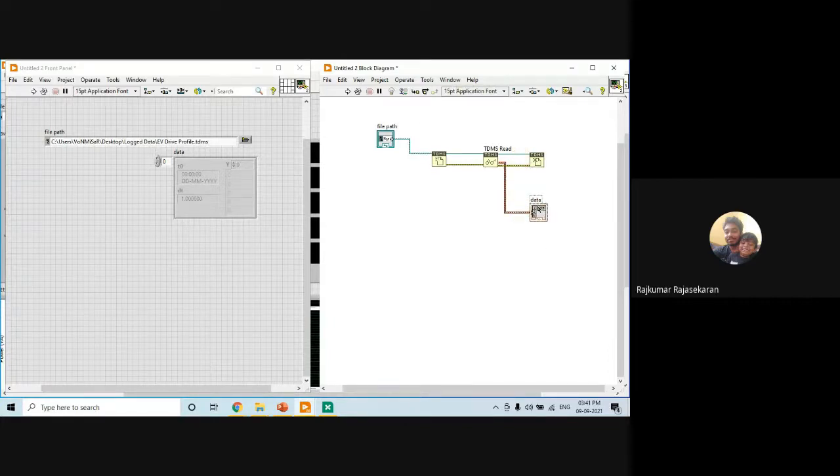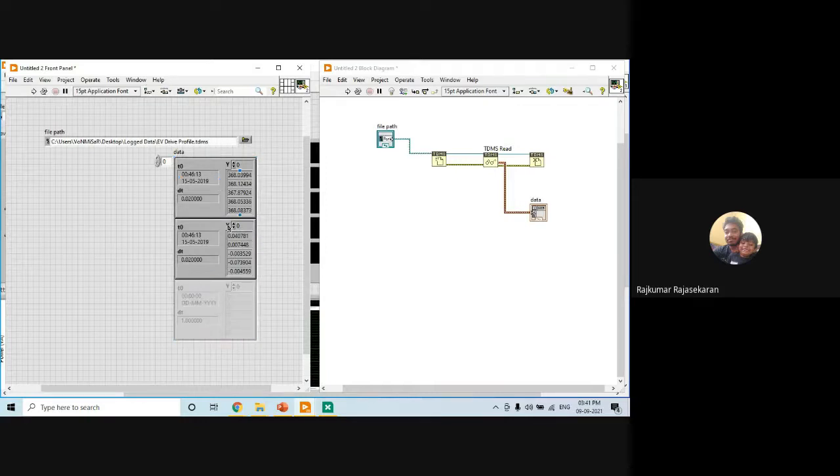The file data typically will be ASCII data, but LabVIEW will make the provision to convert the data to something your analysis functions can use. Quite simple. When I run this, you can see the data is being fetched. You will have two channels of waveform data: one is voltage data, and the other is current data.